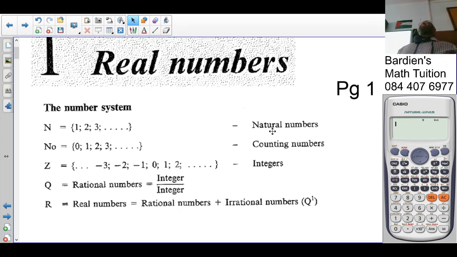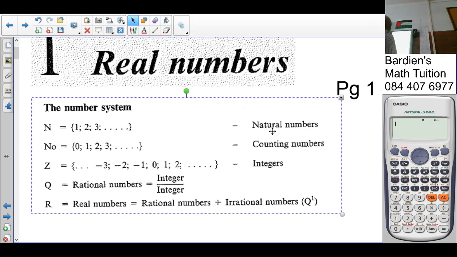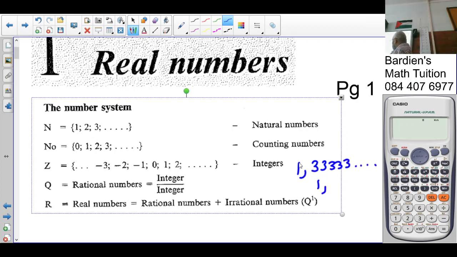So if you got 1.333, and that carries on forever, this can be written as 1.3 with a dot on top. It means it's 1.3 recurring. So these are recurring numbers.